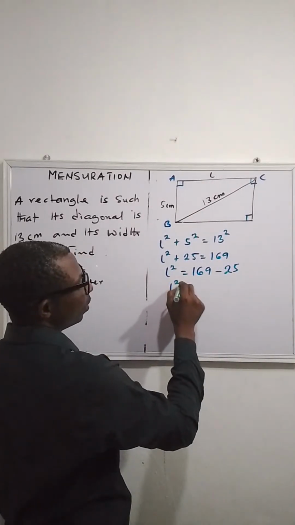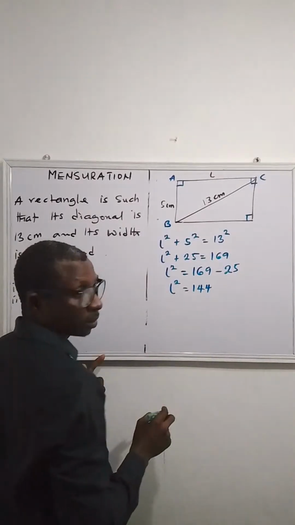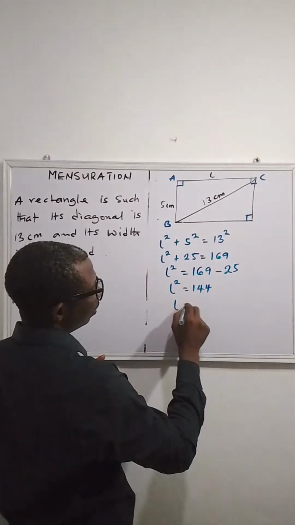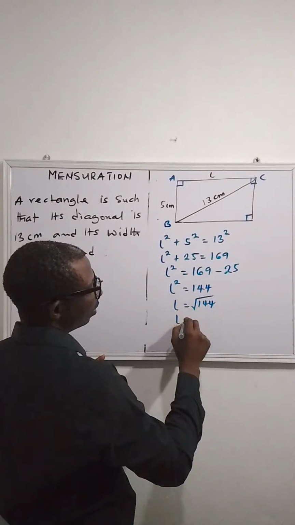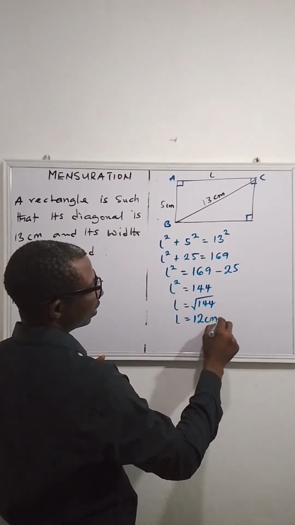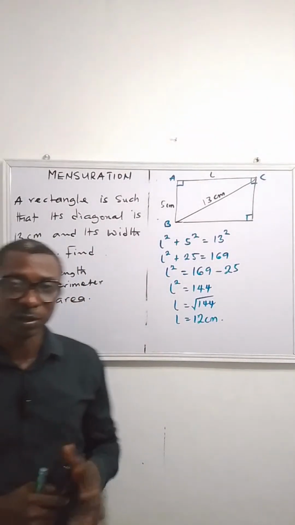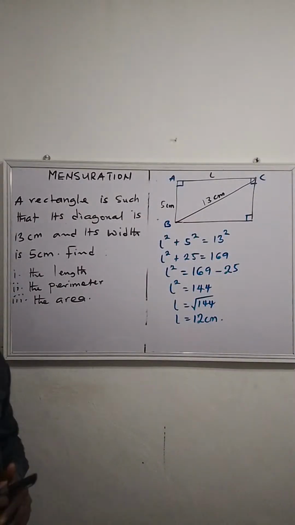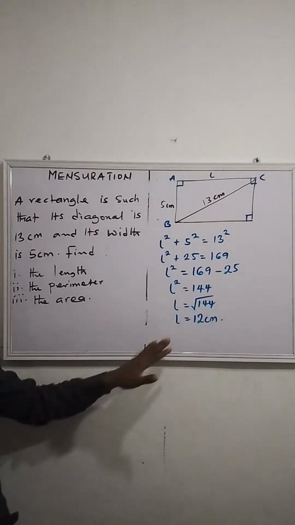So L squared is 144. So L will be square root of 144. So L is 12 centimeters. That's very good. I think a good number of you have the correct answer. That means you are doing fine. Put your hands together for yourself for getting the correct answer.